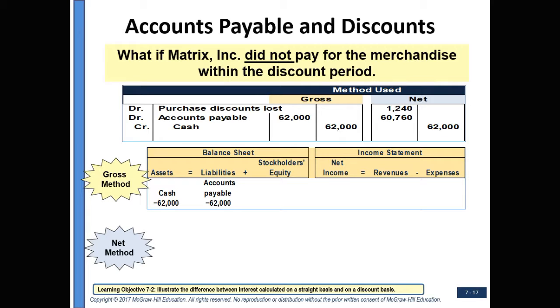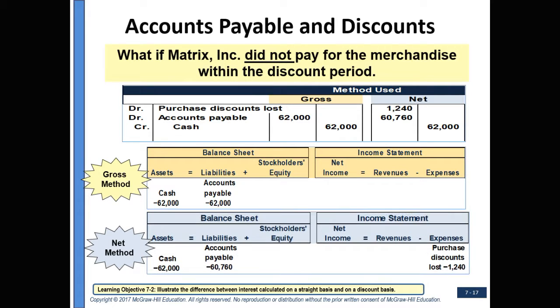Underneath the net method, if we do not pay for the merchandise within the discount period, accounts payable is debited for the $60,760. Purchase discounts lost is debited for $1,240. And cash is credited for the full payment of the $62,000. The horizontal model stays in balance, and the transaction is complete.